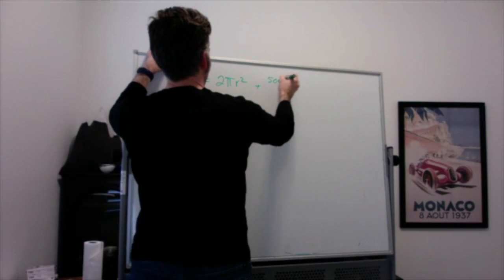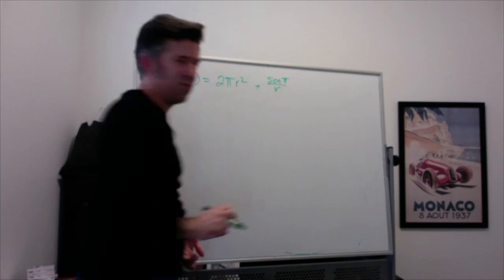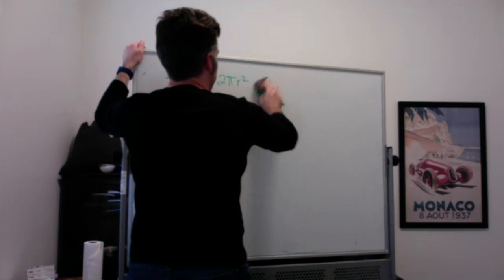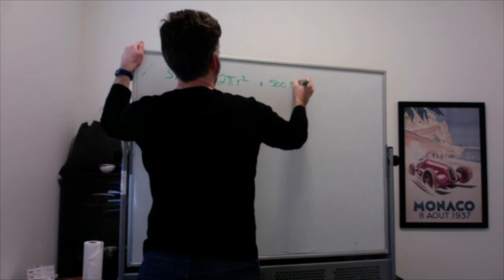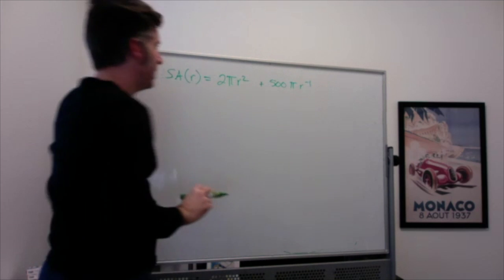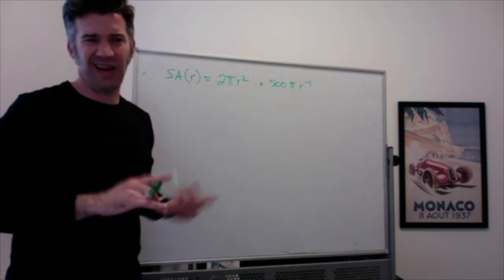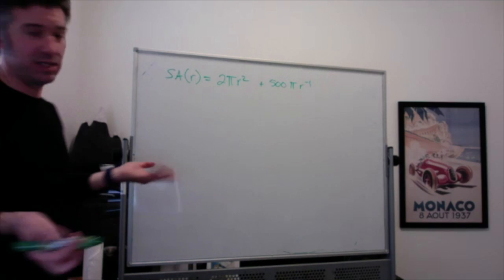Instead of writing 500 pi over r, I don't want to really think about using the quotient rule. I'm going to say that's 500 pi times r to the negative first. Yes, you could factor out a 2 pi. I don't think we really need to. It's not going to make it any easier.